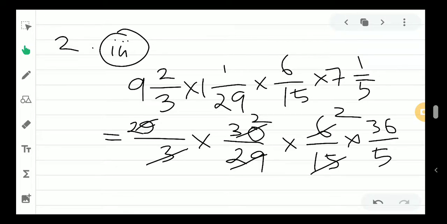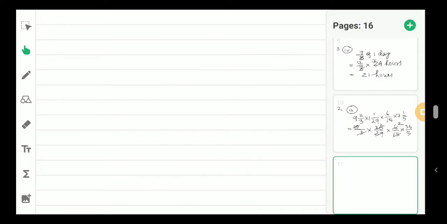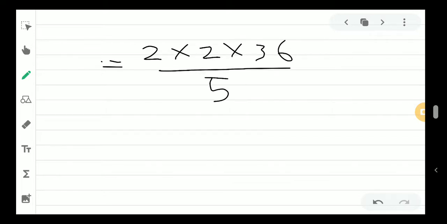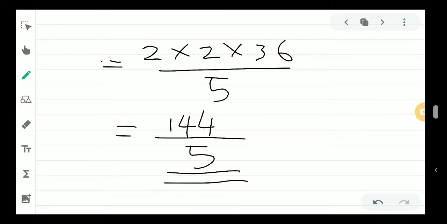So 2 into 2 into 36, remember this one, and in the denominator we have 5, right? So 2 4s are 8, 4 36s is 144, and 5. So this will be your answer. You can convert it into a mixed fraction also, but if you keep it this way, it is correct.